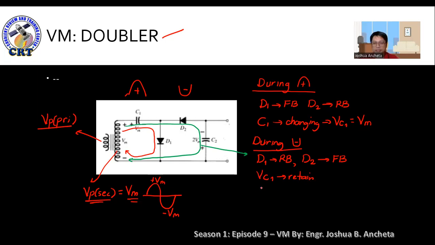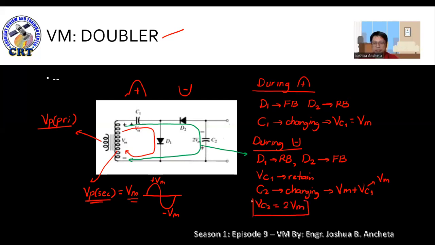So therefore, capacitor 2 is now charging with Vm and VC1 present. So therefore, VC2 is now equivalent to Vm plus VC1. Diba? VC1 is also Vm. So VC2 is now charging equivalent up to 2 Vm.